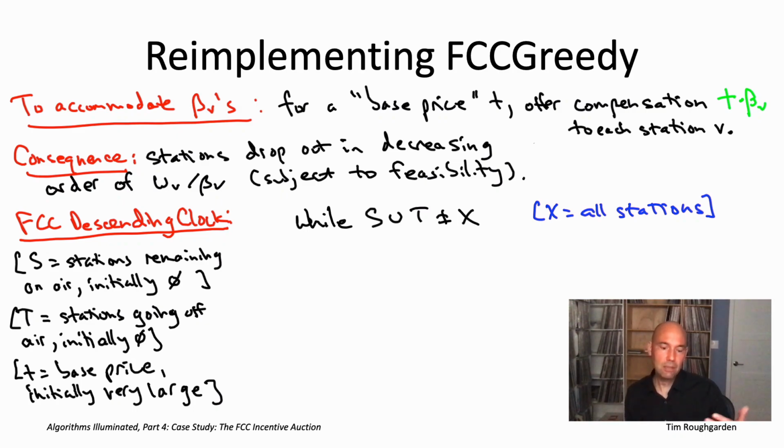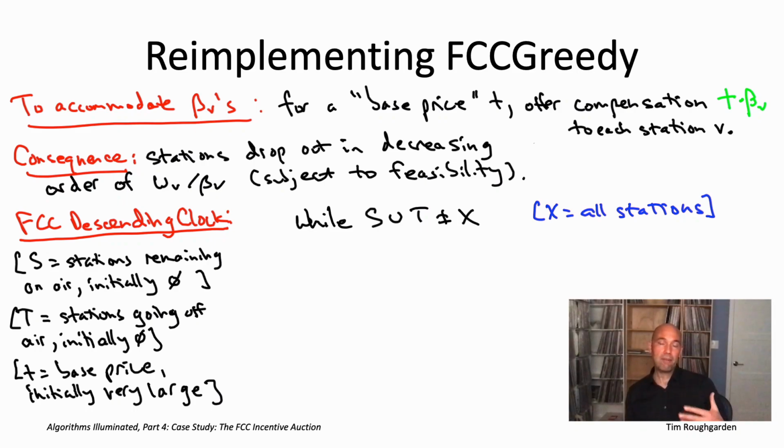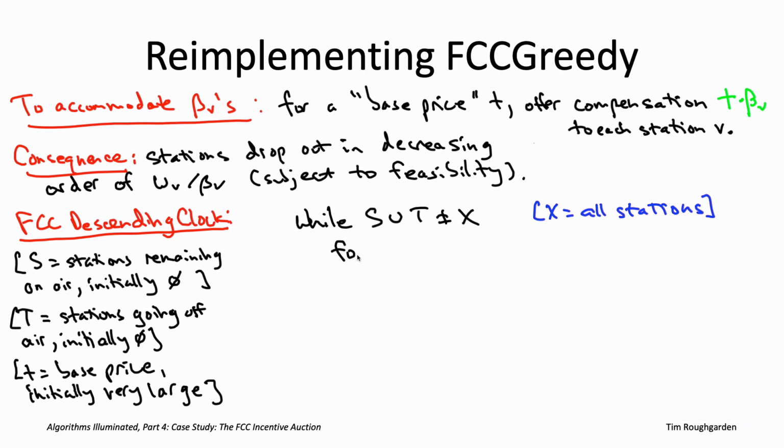And as we'll see, the base price little t is going to drop with each round. Within a round, we're going to have an inner for loop that makes a single pass over the stations whose fates are unresolved, that are in neither capital S nor capital T. It's going to proceed through these stations in an arbitrary order with the intention of making a new and lower offer to each of them.